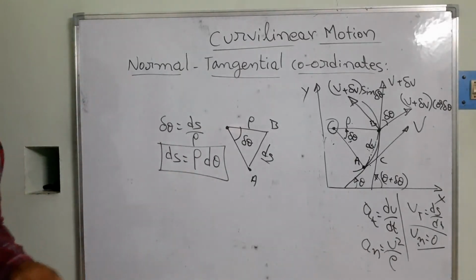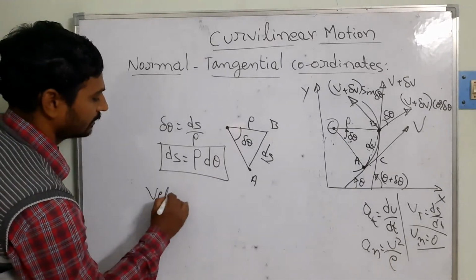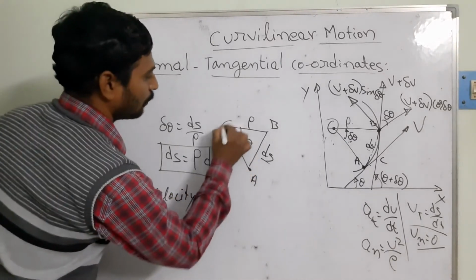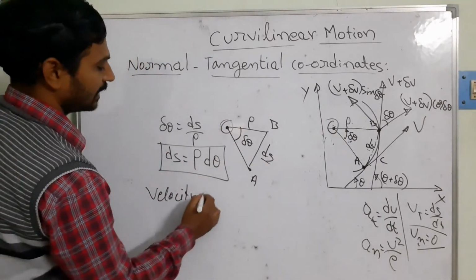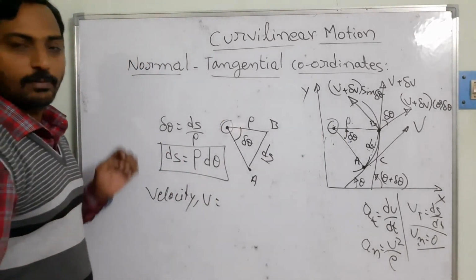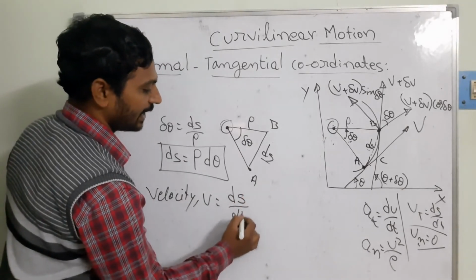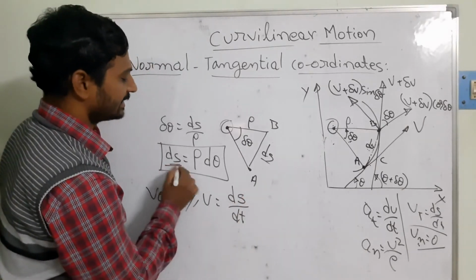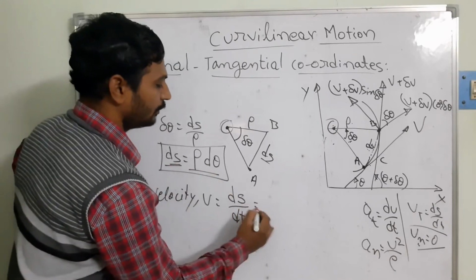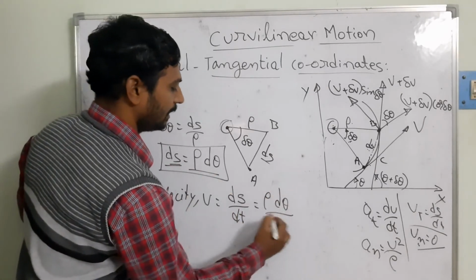So then I am going to be taking the velocity of this part. So the velocity with respect to this point, so that means from this one, the velocity v is equal to, what is the formula we do have? That's going to be the change of displacement by time factor. The ds I am going to be substituting as rho into dθ by dt.